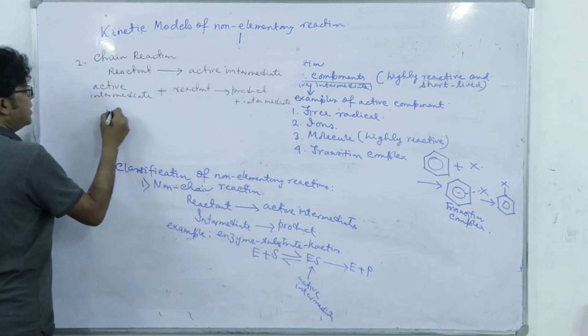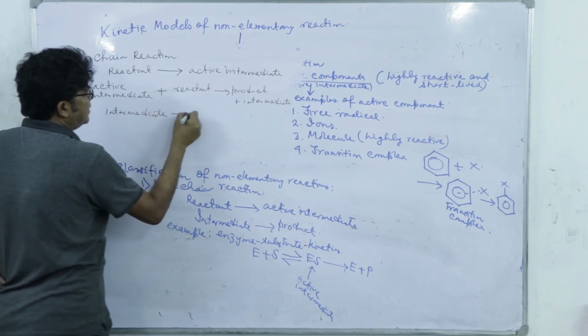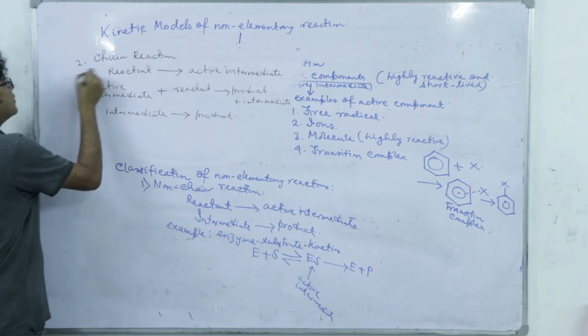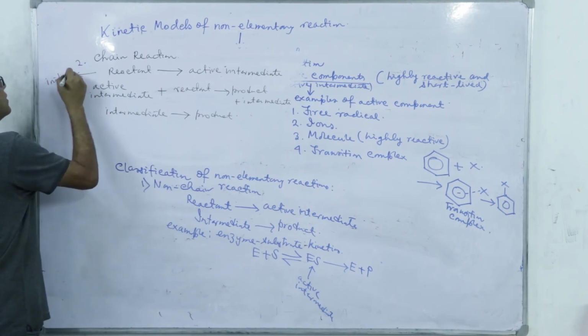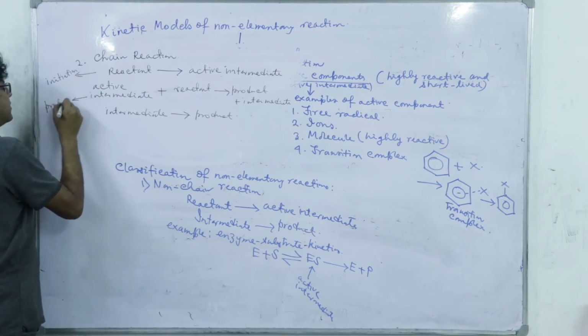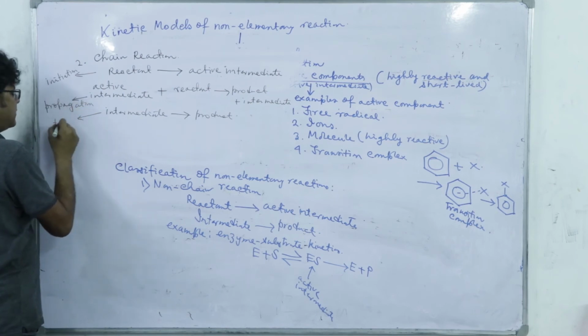Now this intermediate finally leads to product. Right. So this is called initiation, this is the propagation, and this is termination step.